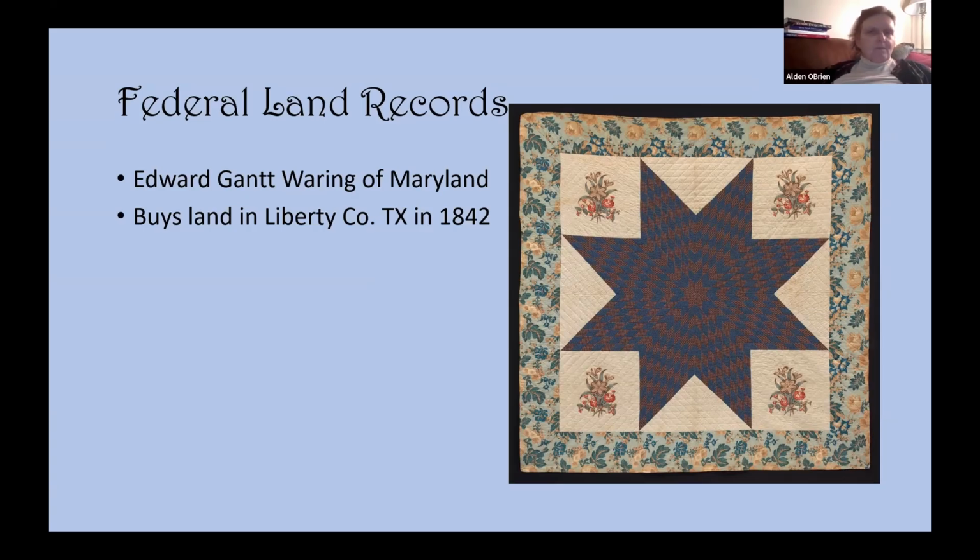I know aesthetic choices change over time, but in my mind, and I'm ready to be disabused of this notion, it seems extra evidence that maybe this was done in Texas, because it feels like in Maryland, she might have been able to find a wider variety of fabrics to go along with it. But in any case, the federal land records put them in Texas in the very early 1840s.